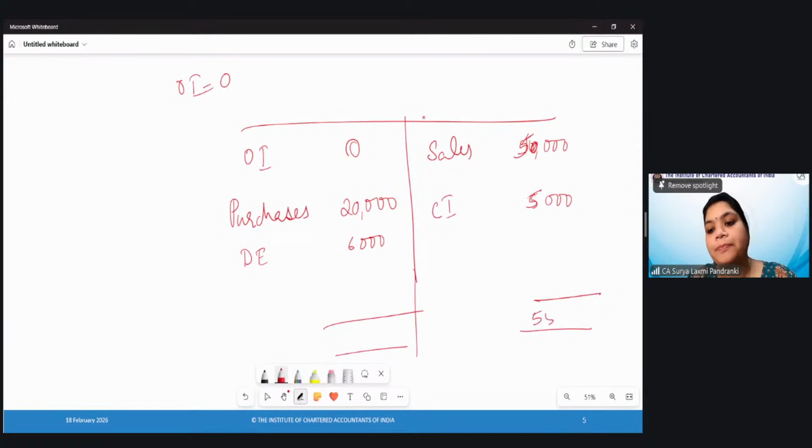So what is my gross profit? Now you answer, what is the gross profit? क्या है हमारा gross profit इस example में? Just calculate gross profit.